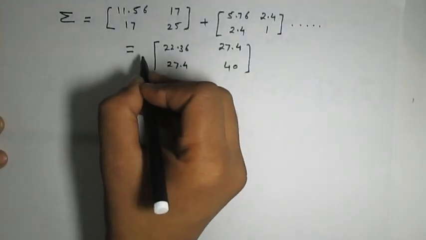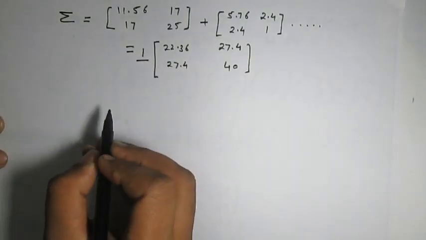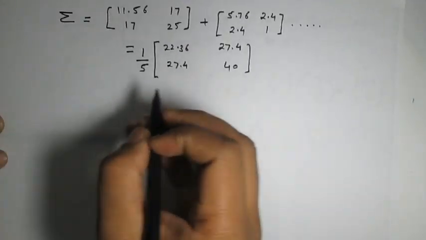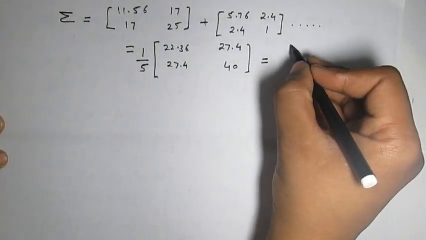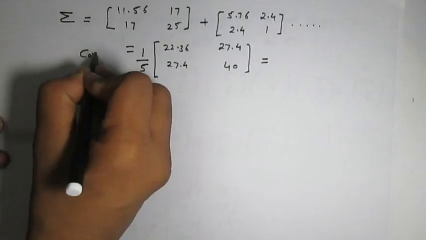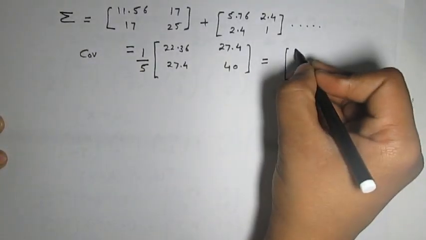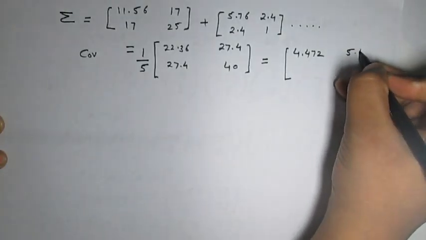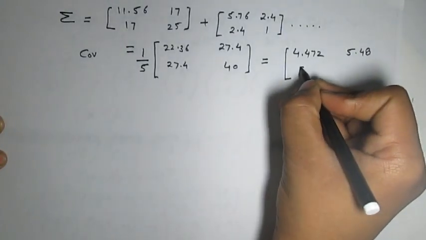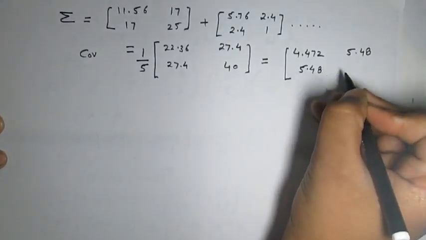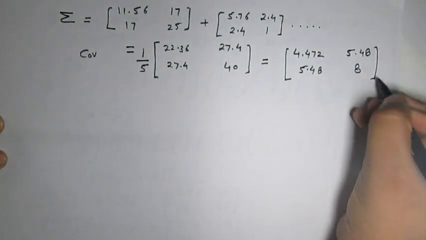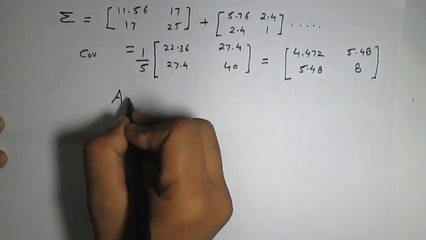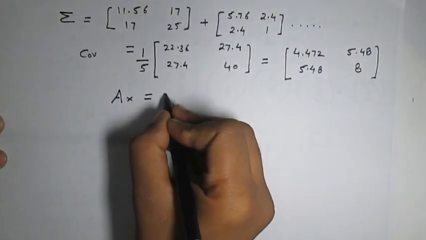And this matrix is divided by 5 because we have 5 data points. Then we get the covariance matrix 4.472, 5.48, 5.48 and 8.